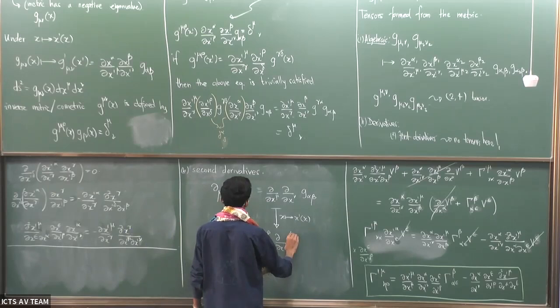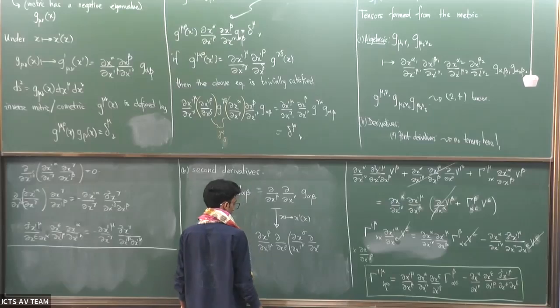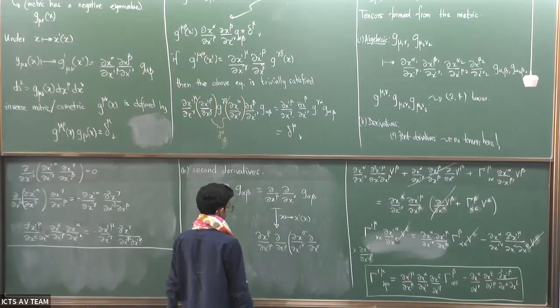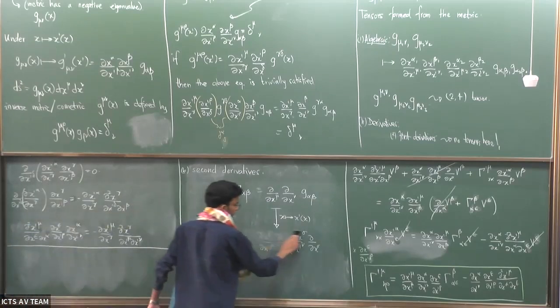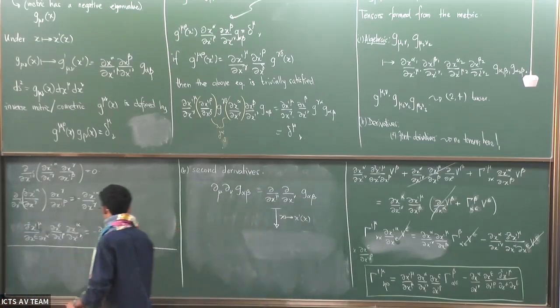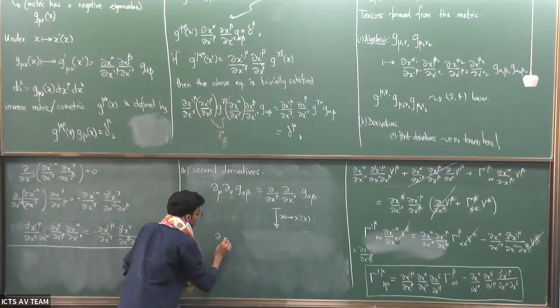Of del x sigma del sigma over del x. It's not enough space. So let me transform the first derivative first. First derivative transforms as a del x over del x prime mu rho del over del x rho.